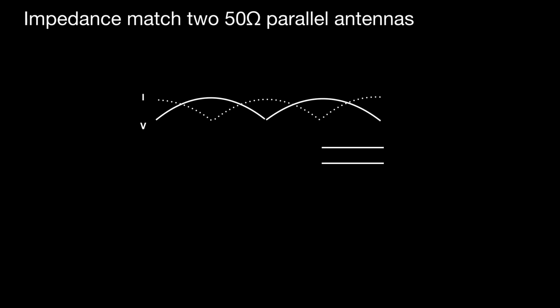If we reduce the length of a feeder to just a quarter of a wavelength, then, for example, connect a 50 ohm antenna to it, we can use this to do impedance transformation.